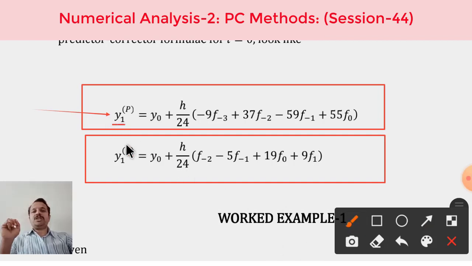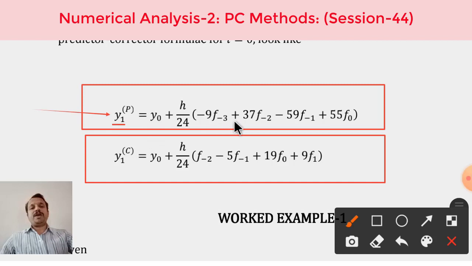So x1 is the point at which the solution is intended to be found, and that value is to be obtained not in a single step, but through a repeated number of iterations, and thereby we can get the final value of y1. So at the beginning we should have some initial value. That initial value is given by this predictor formula.